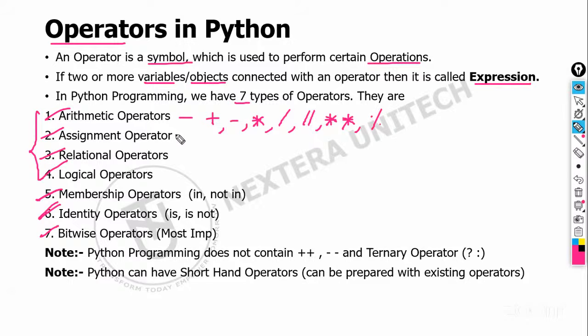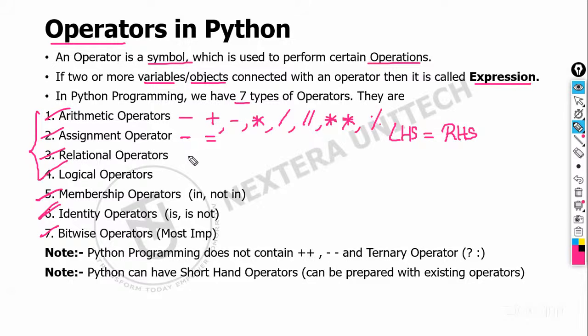Next to arithmetic operators, we have the assignment operator, in which we have only one operator: equals to. What is the purpose of the assignment operator? It helps us to assign the right hand side value to the left hand side variable or left hand side object, whatever it might be.